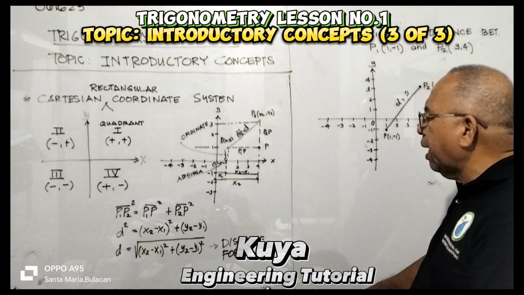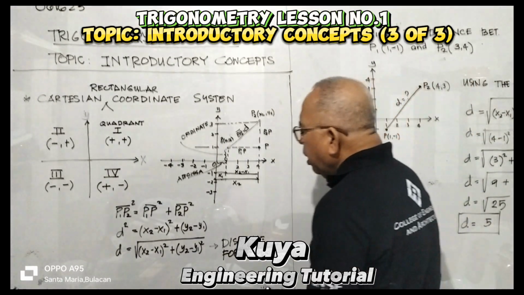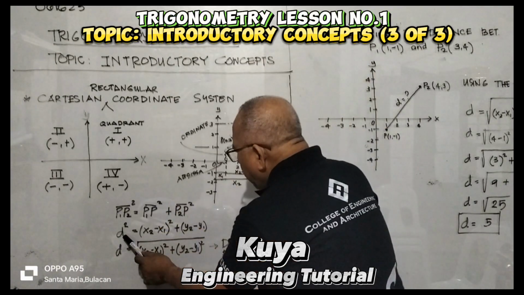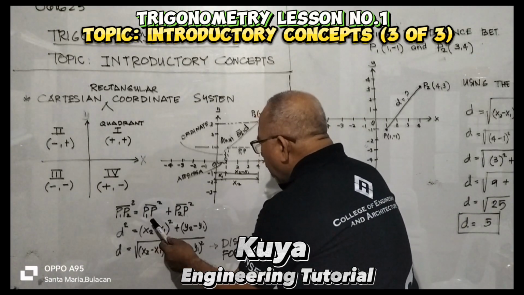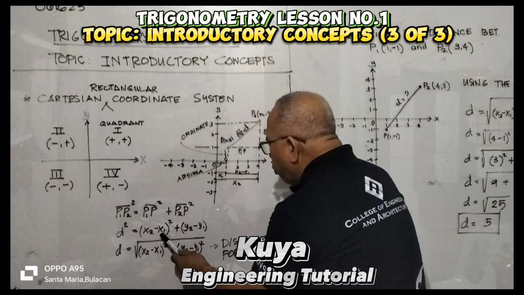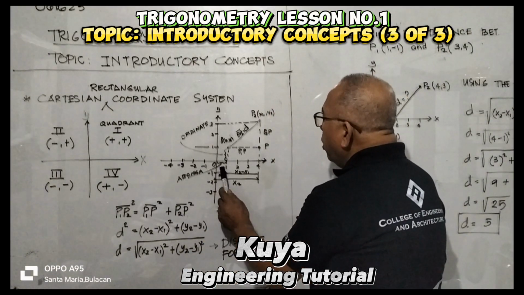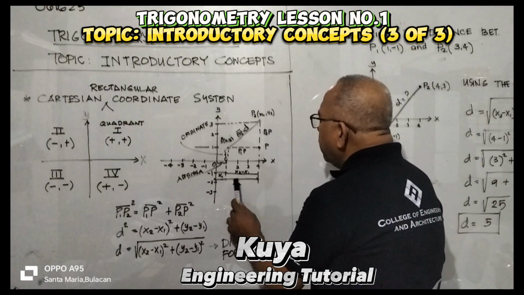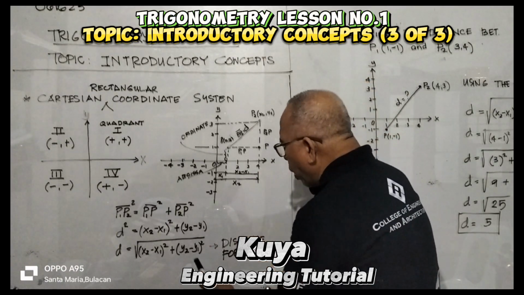Na-take up natin kanina. So, therefore, if we will replace P1P2 with D, so we have now D squared. And we replace P1P with x sub 2 minus x sub 1. So, dito yon x sub 1 natin ay ito. Ang x sub 2 natin, babawas natin yung x sub 1 sa x sub 2. Kaya mayroon tayong x sub 2 minus x sub 1.